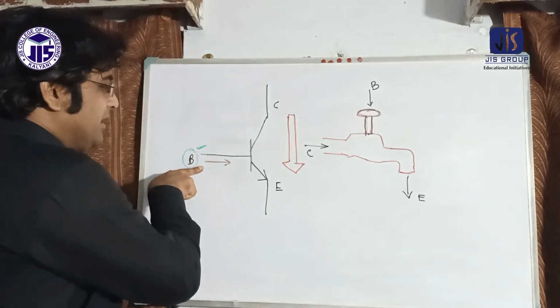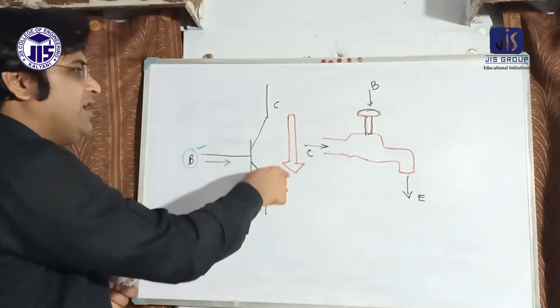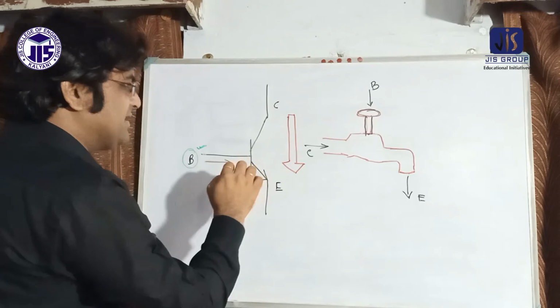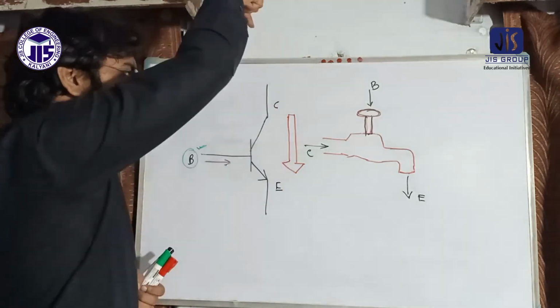Likewise, if I increase a very small current in the base, then the collector to emitter resistivity decreases, and for that reason a huge current flows from collector to emitter.